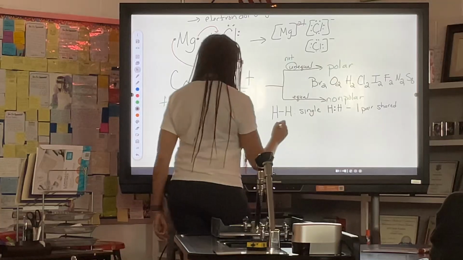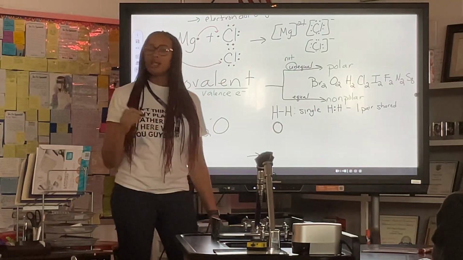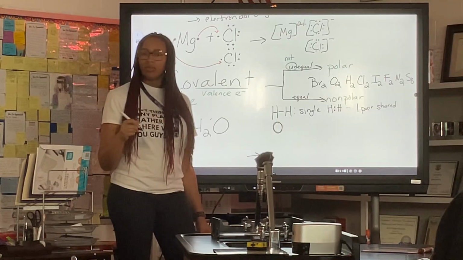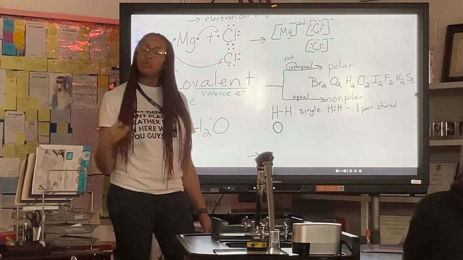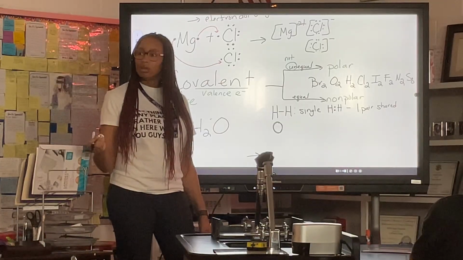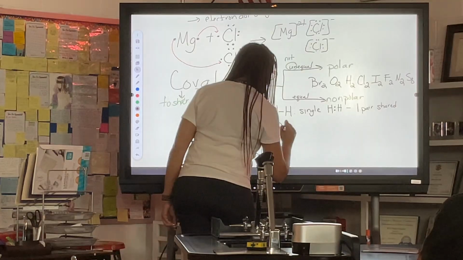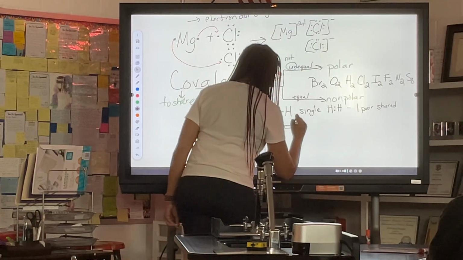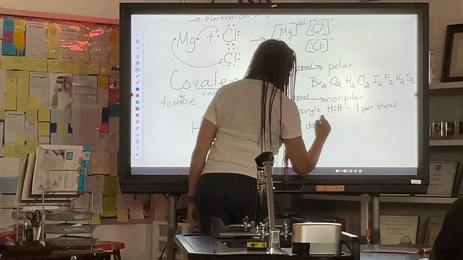Let's look at something like oxygen. How many valence electrons does oxygen have? 6. How many more does it need? 2. So how many bonds will oxygen make to get that 2? 2. So when oxygen forms its diatomic, it's going to form a double bond to another oxygen.